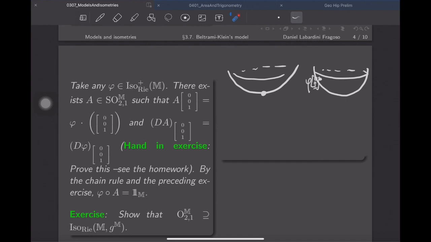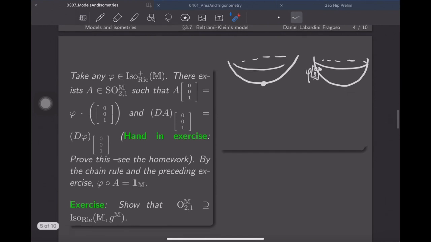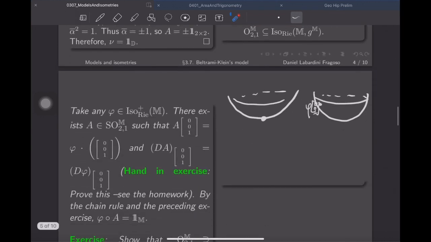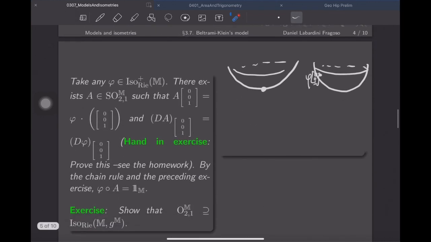And so what do I do, since this lemma is given in terms of a point being fixed? Well, something I can do is go from this point to this point using A and come back using phi inverse, so that now this point becomes fixed.